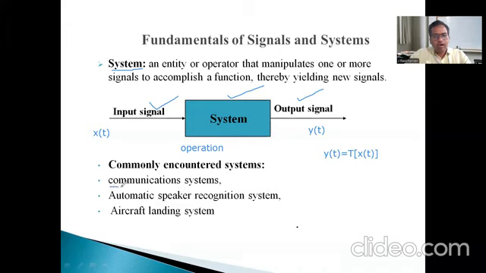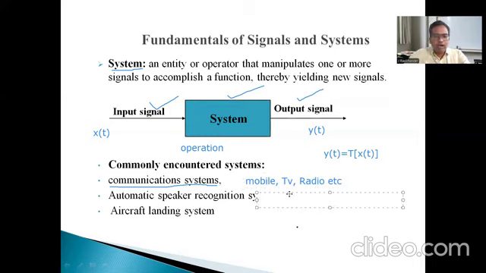Nowadays, all communication systems come under examples of systems, like mobile phone, TV, radio, etc. All come under communication systems.